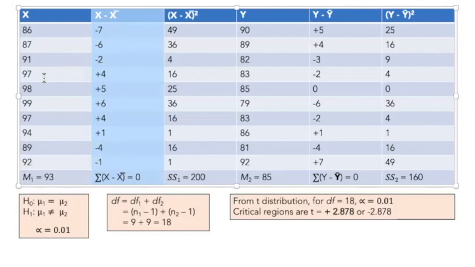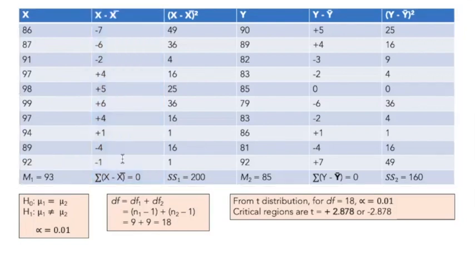Deduct 93 from 97, the value is going to be plus 4. Deduct 93 from 98, that's 5. 93 from 99, that is 6. 93 from 97, that is 4. 93 from 94, that is 1. Again, 93 from 89, negative 4. 93 from 92, negative 1.